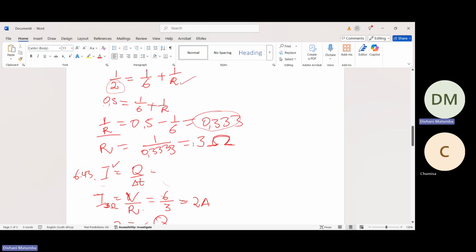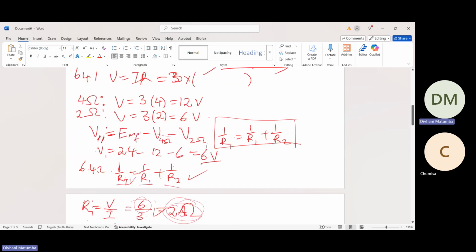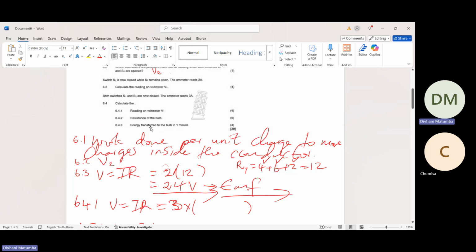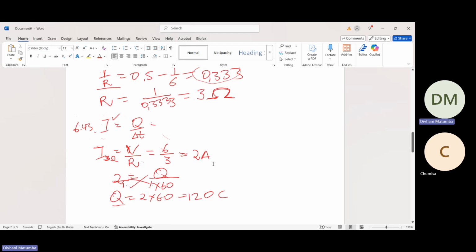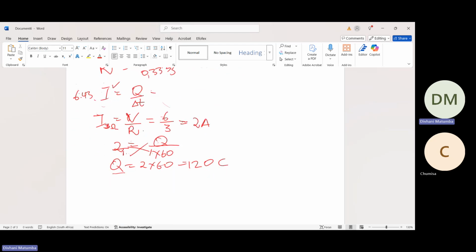But we are not looking for the charge that has been transferred. We are looking for energy. Do you know any formula that relates energy and Q? What is the definition of potential difference?